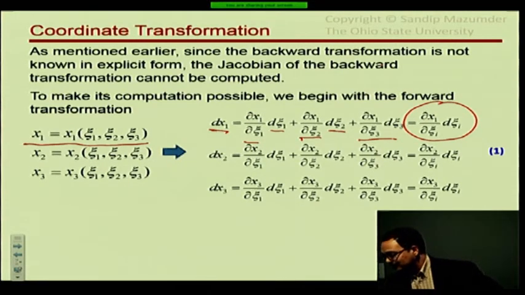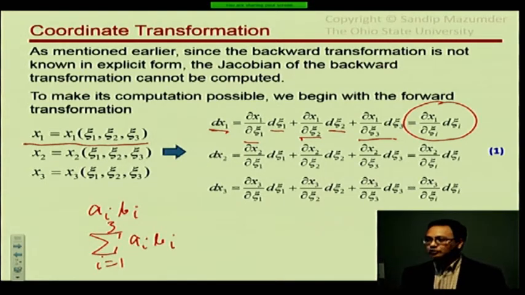So if I say AI BI in tensor notations, it means summation from I equal to 1 to 3 of AI BI. It's just that you don't write the summation. So anytime you have a repeated index, that indicates a summation.